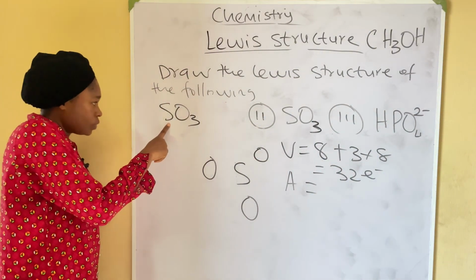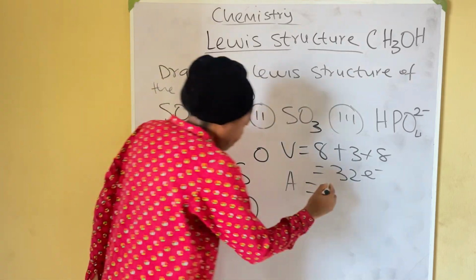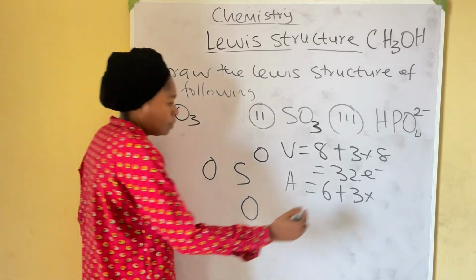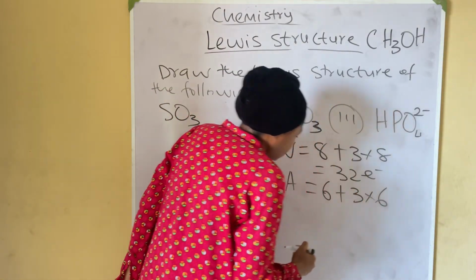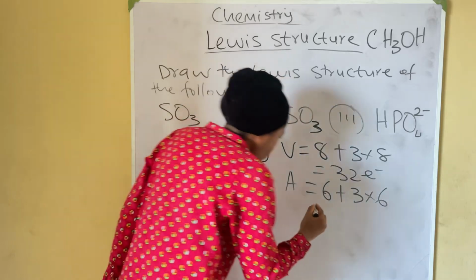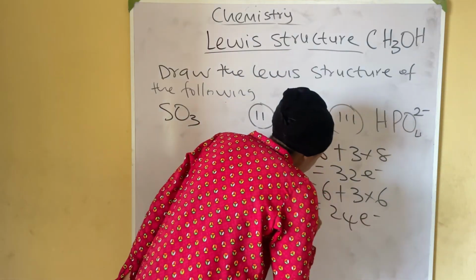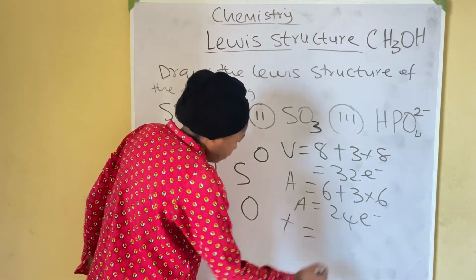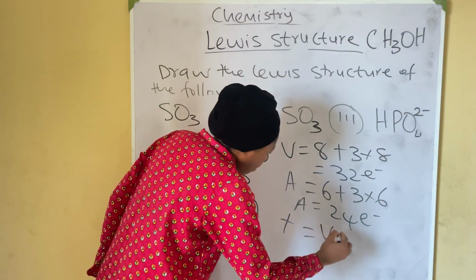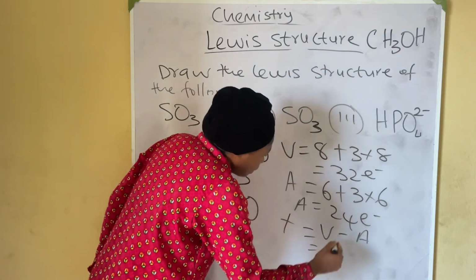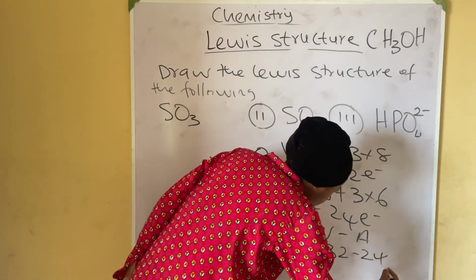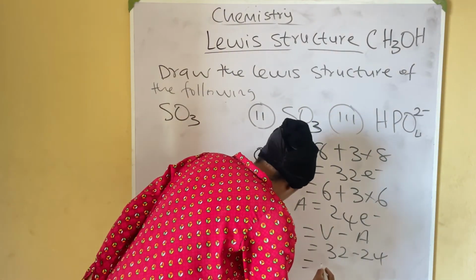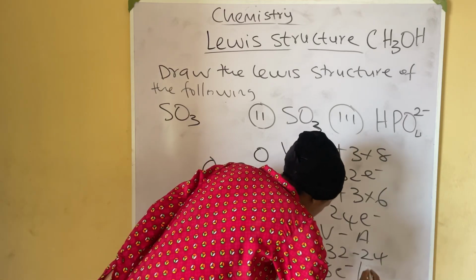Sulfur has 6 valence electrons in its shell, plus 3 atoms of oxygen, each with 6 electrons in the shell, so 6 plus 18 is 24. So we have 24 available electrons. What about X, the shared electrons? V minus A, 32 minus 24 is 8. So 8 electrons, or 4 pairs of electrons.